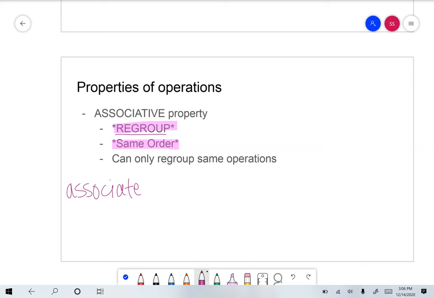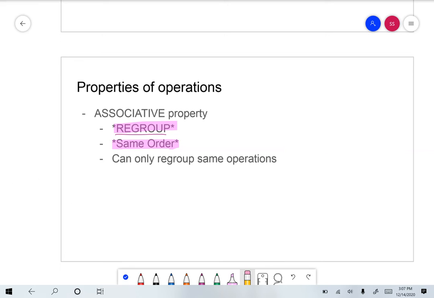Okay, but you could also associate with a different group of people, like your family. Okay, so you can associate with different groups, but still have the same overall giant group of people that you associate with. Okay, so that's how I remember that association is regrouping. Obviously, if you think of your own way, that's better.